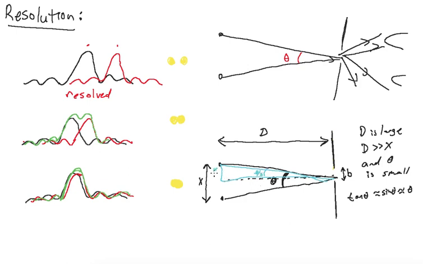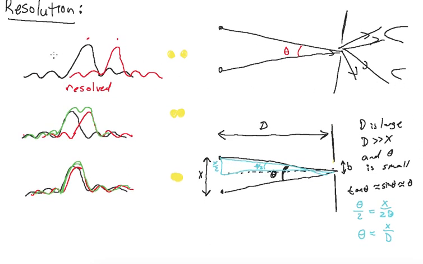This is x over 2, and then this hypotenuse is D. We can write that theta over 2 is about equal to x over 2d, and that gives us that theta is about equal to x over d. So we can figure out what theta is from that, but you need this kind of thing.